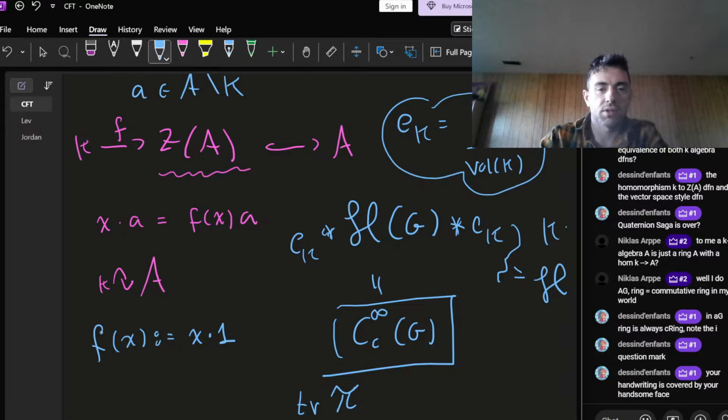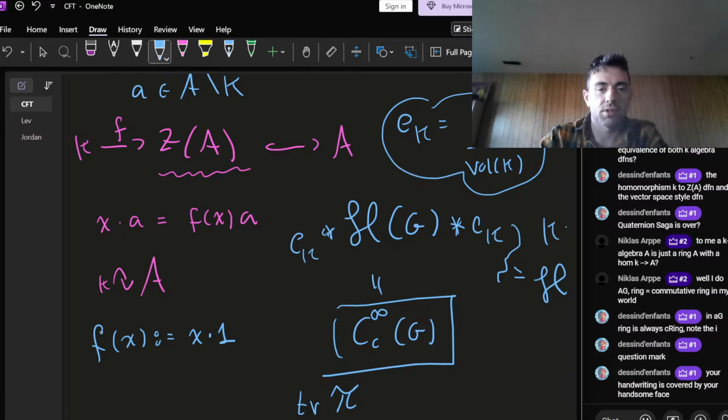But in fact, the more rigorous way to say what CG is, instead of talking about these formal sums, is you say, well, it's the collection of all functions from G to C, and the element g can be represented as the indicator function of the singleton set {g}, and then actually if you unpack this multiplication rule, you find that it works out to be convolution.